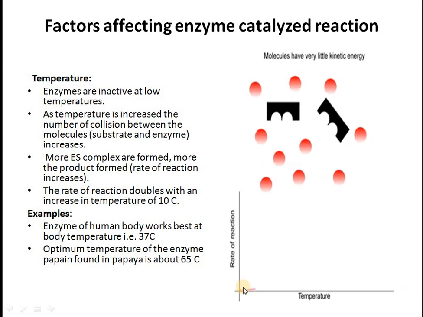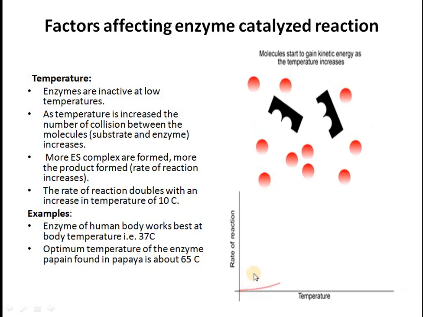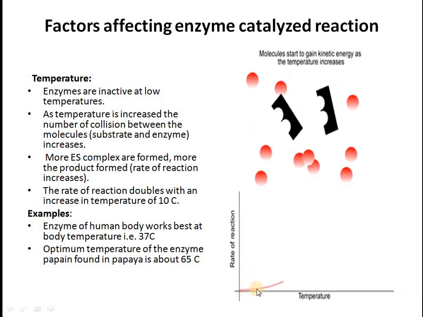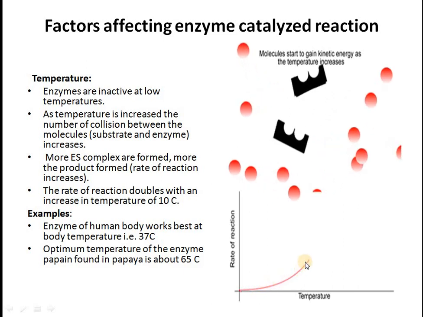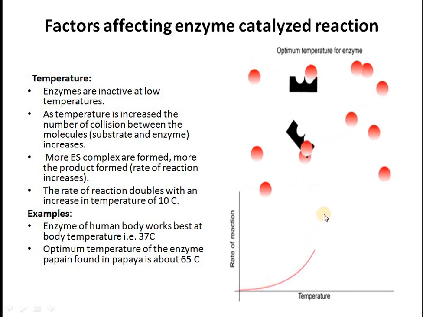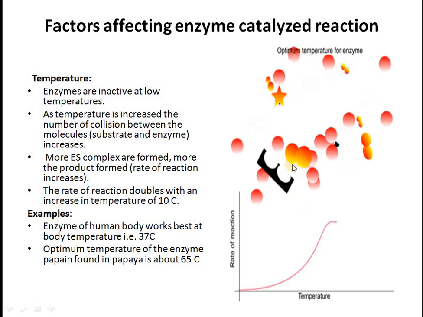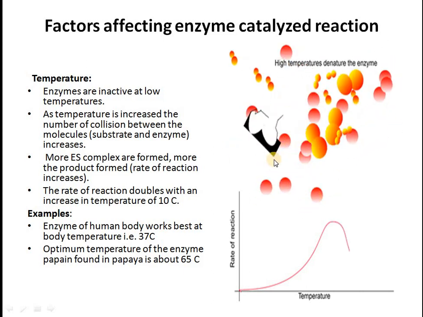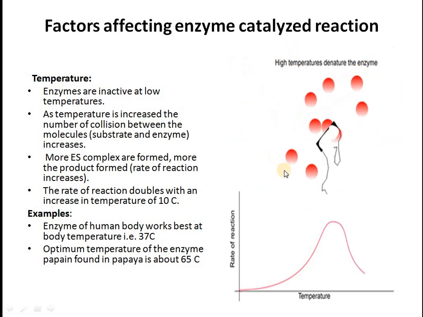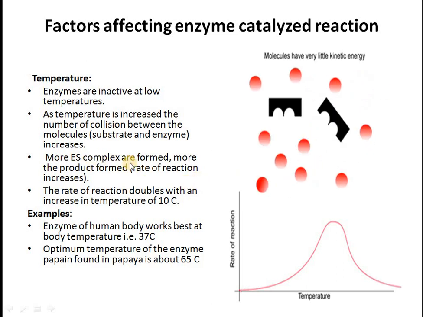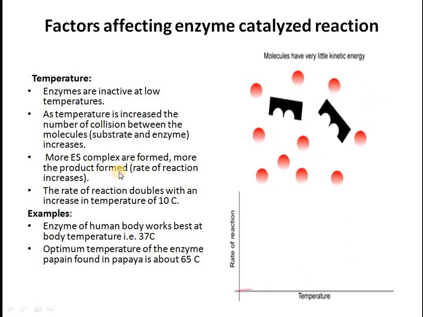First point, at low temperature enzymes are inactive since they have very little kinetic energy. As the temperature increases, the rate of collision between enzyme and substrate molecules starts to increase, increasing the formation of enzyme substrate complex. Hence more product is formed.